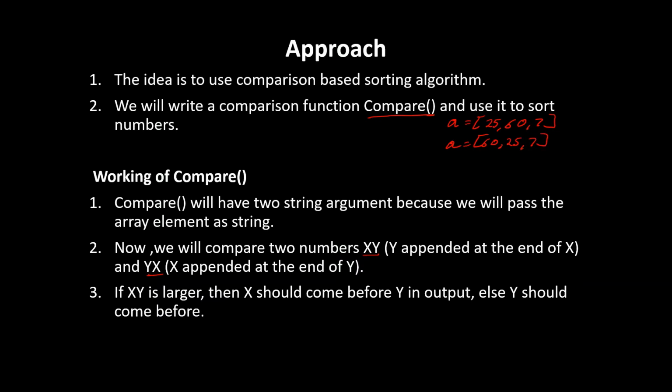So the number that is formed is 60257. But this is not the largest number which we can form by arranging these elements. The largest number which we can form by arranging the elements of array A is 76025.